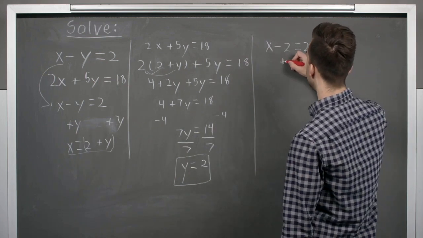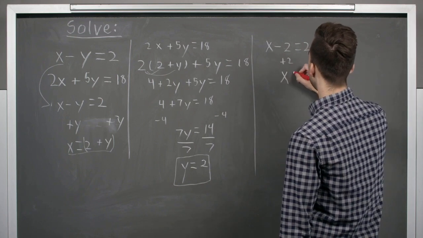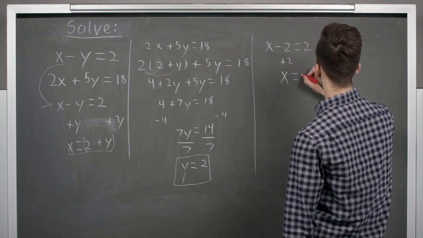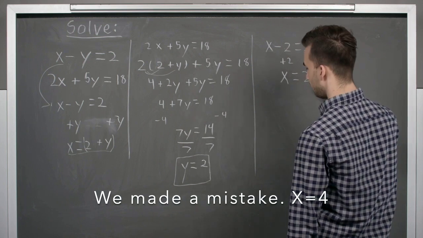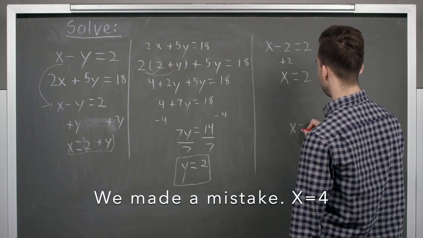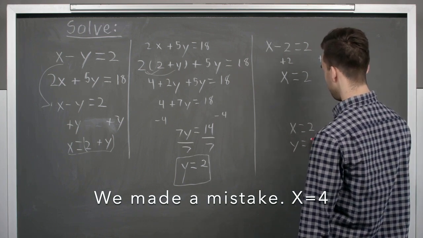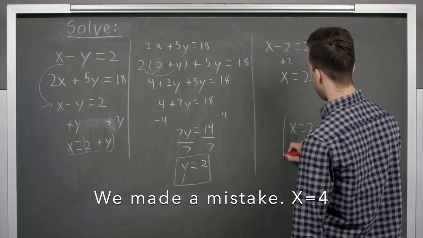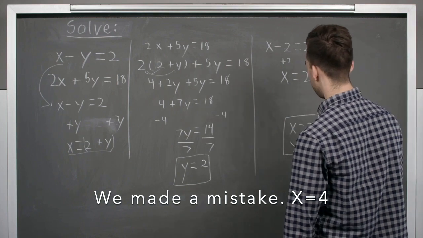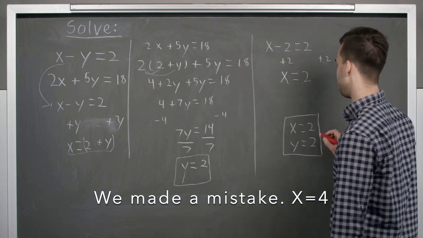So we'll add 2 to both sides. And that gives us x is equal to 4. So our final solution is x is equal to 4 and y is equal to 2. And that is our solution for x and y and our solution for this example.